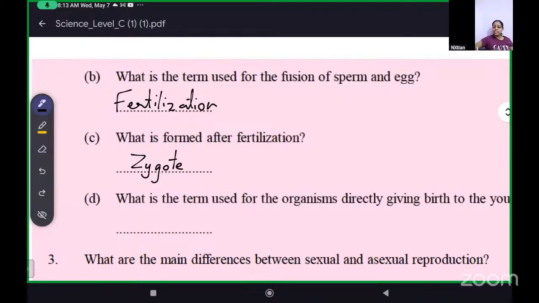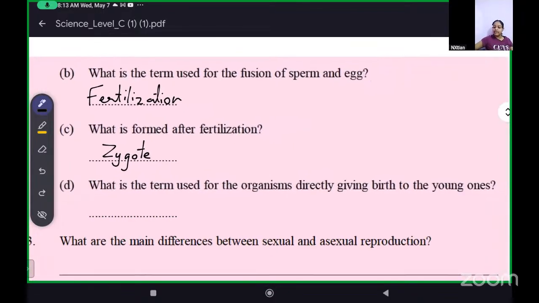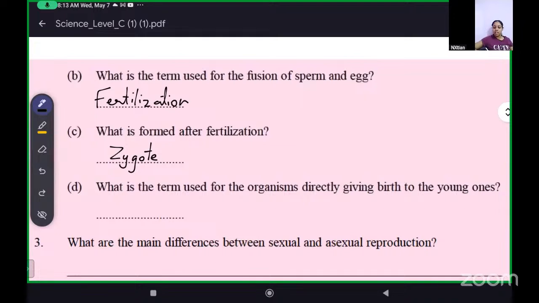Okay. What is the term used for the organisms directly giving birth to young ones? Emma, you want to try this out? Okay, ma'am, wait, I'll try. What is the term used for the organism directly giving birth to the young ones? But we're talking about plants here.